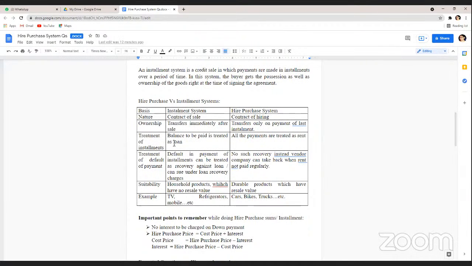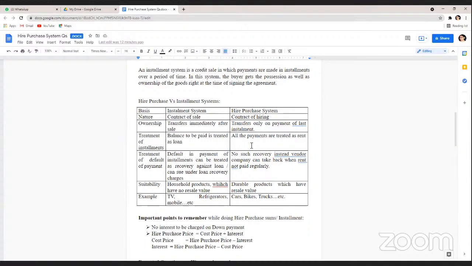Under both systems, at the time of purchase, some initial amount is supposed to be paid by the purchaser. That is called the down payment. The initial amount on the value of the asset paid by the purchaser we call the down payment, and the balance of the asset value after the down payment is said to be the loan amount.